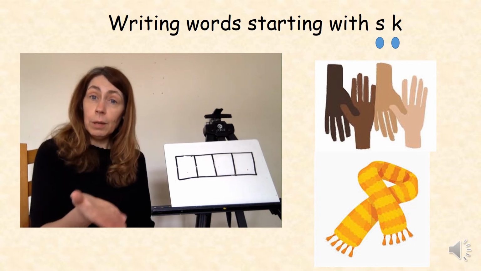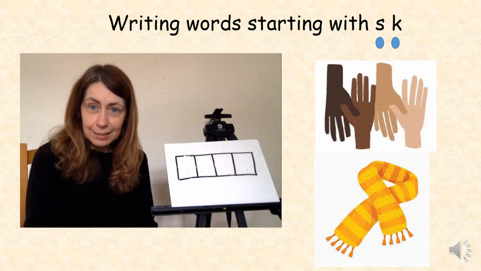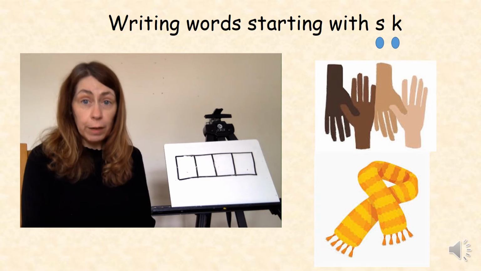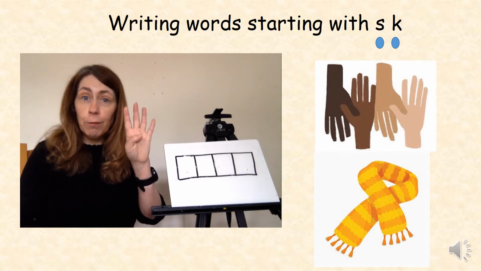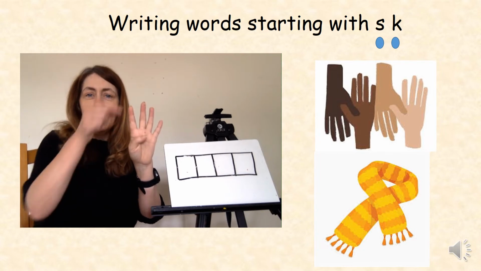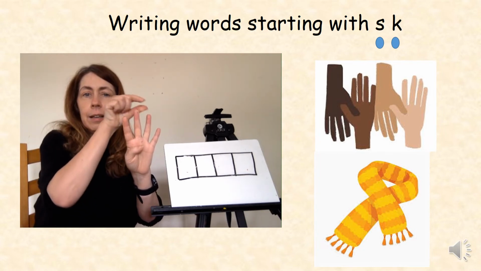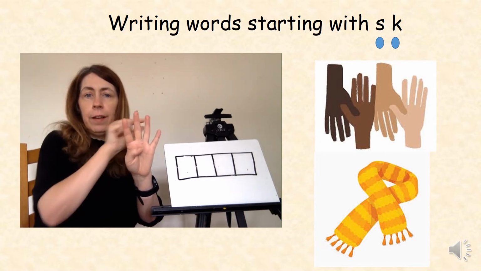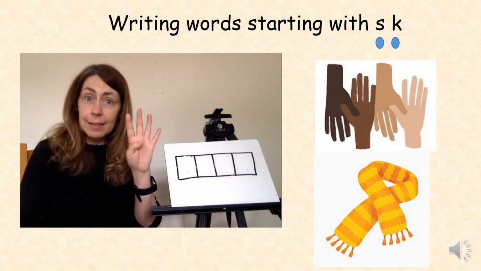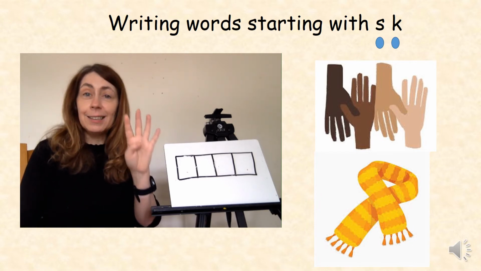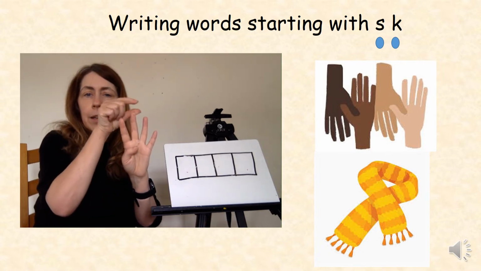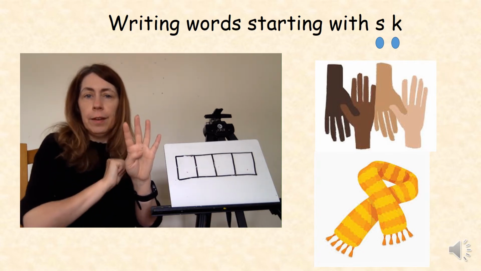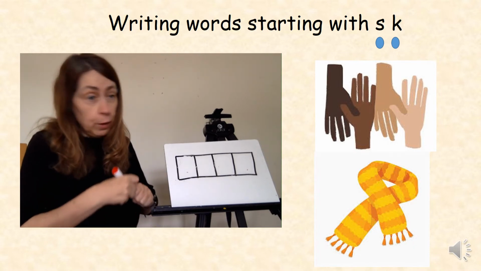Well done. The first word we're going to write is scarf. Can you say the word scarf? Fantastic. We're now going to use thread fingers to break the word up into its sounds. Everybody hold up 4 fingers. Well done. Scarf. How many sounds is scarf? Yes, 4. Let's write it on our phoneme frame.